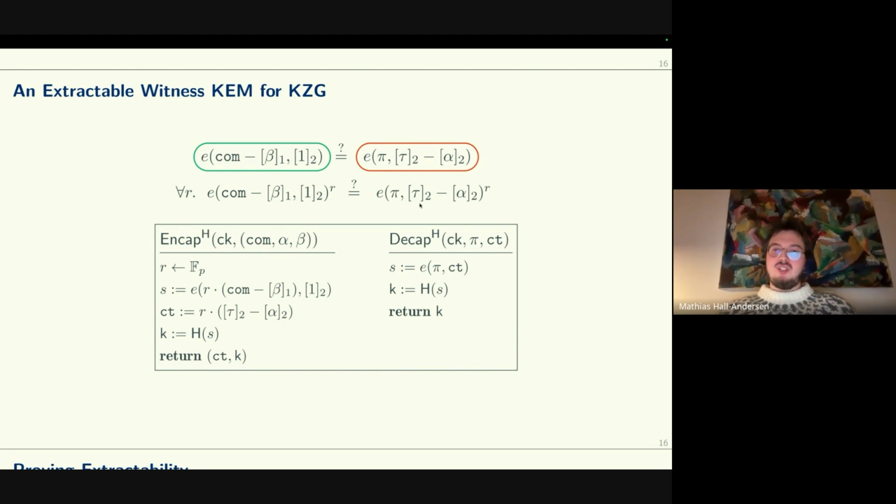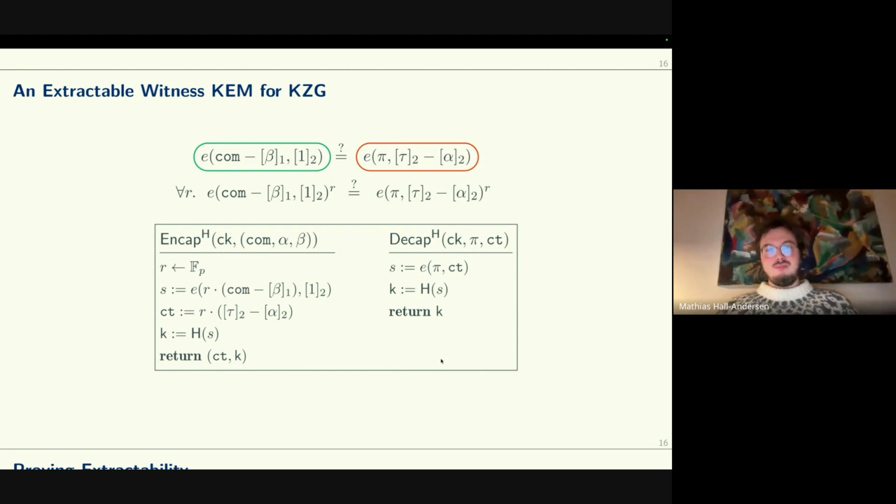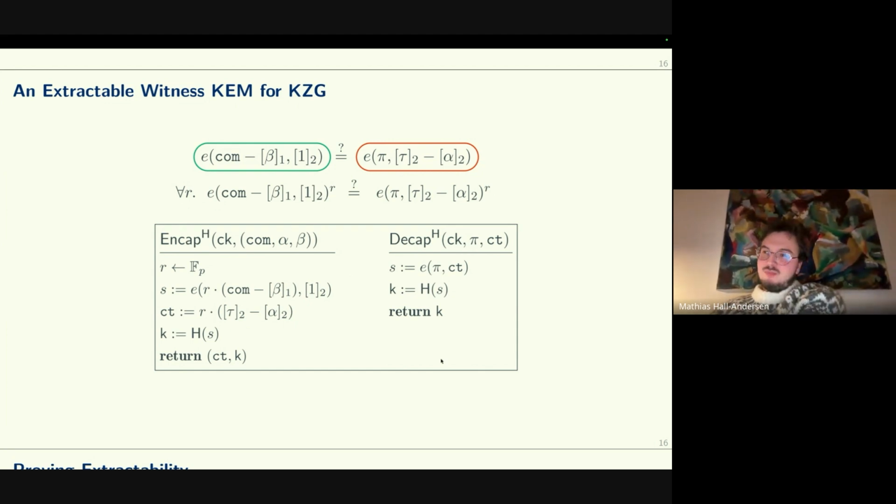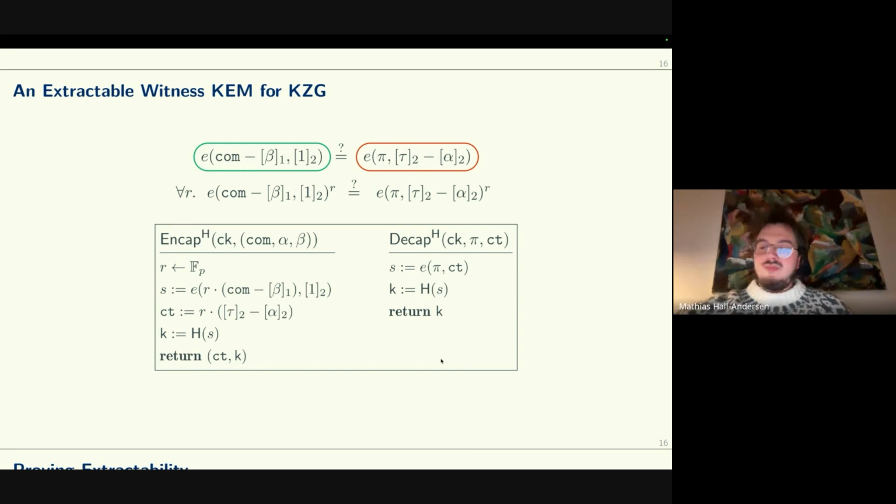Then to decapsulate, you just take this ciphertext and pair it with the proof that you know. After pairing that, you will recover the same S, and you just hash that, and that's your key. It's a very, very simple scheme. Any questions at this point? We'll be modeling H as a random oracle.